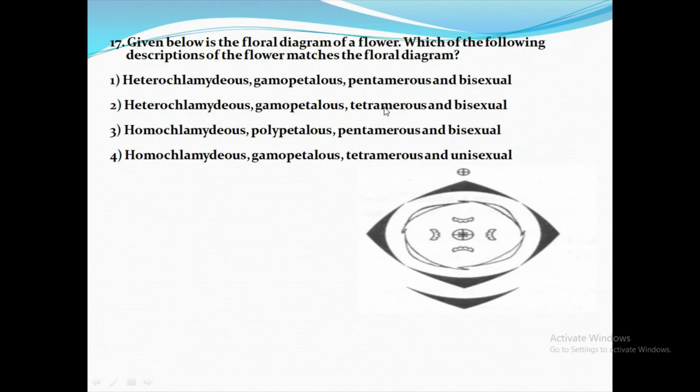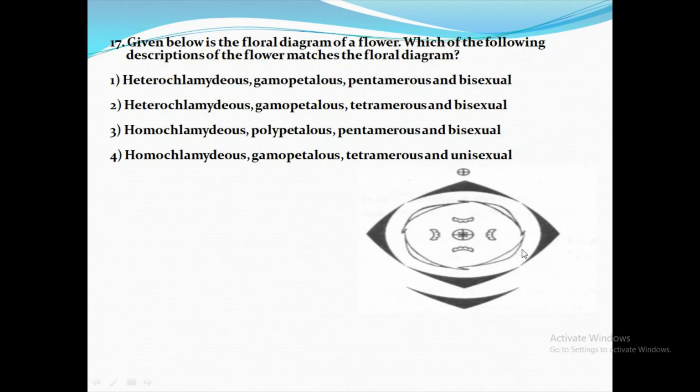Tetramerous means all the members of the four whorls have four members each. So there are four sepals, one, two, three, four, four petals, four stamens, and here you can see it is a tetralocular ovary, showing four ovules.